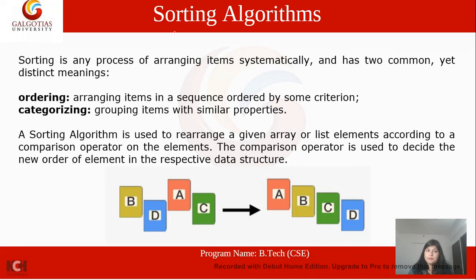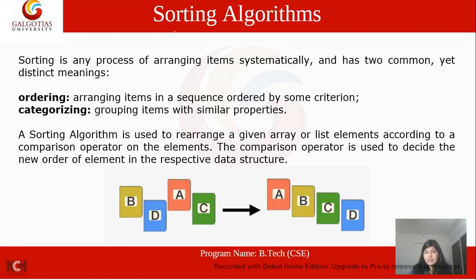Sorting algorithms. Sorting is any process of arranging items systematically and has two common and distinct meanings. I have intentionally kept the two common distinct meanings in bold.